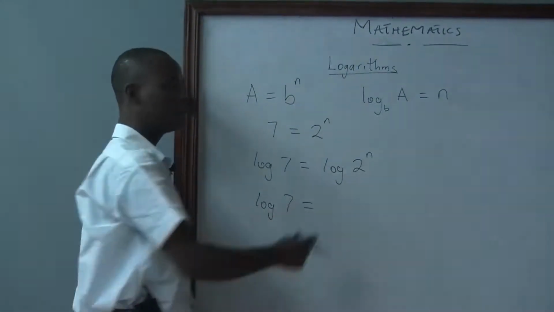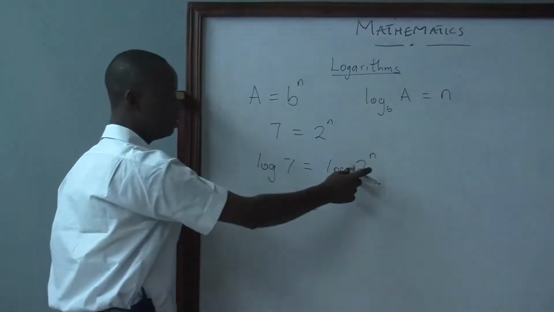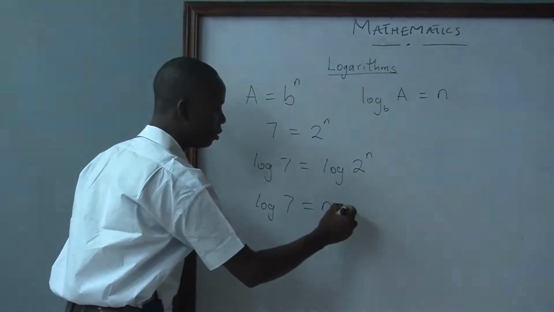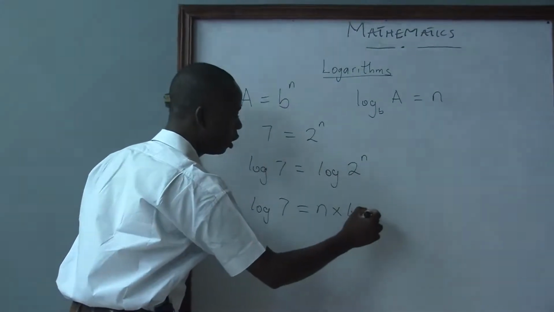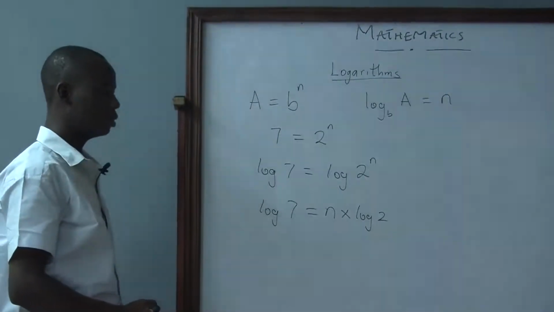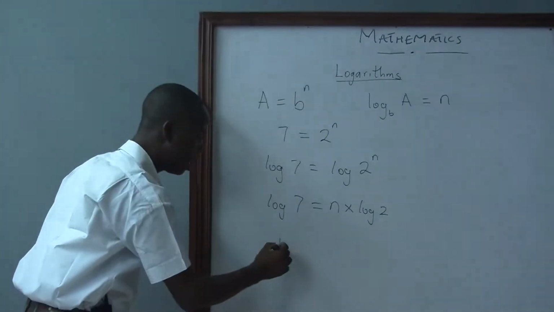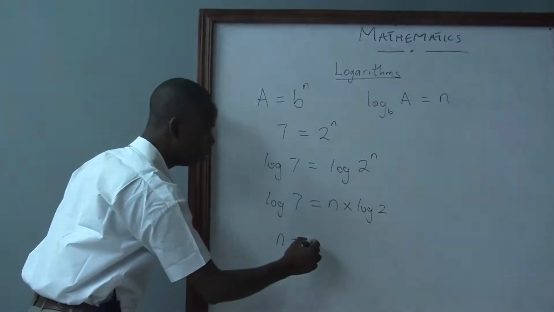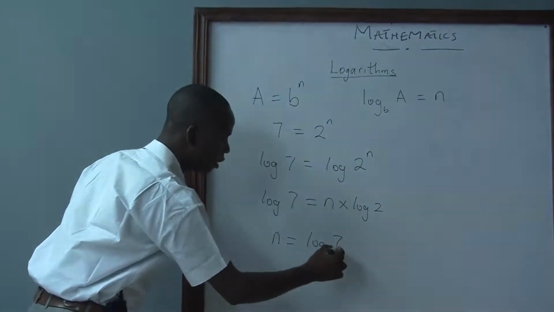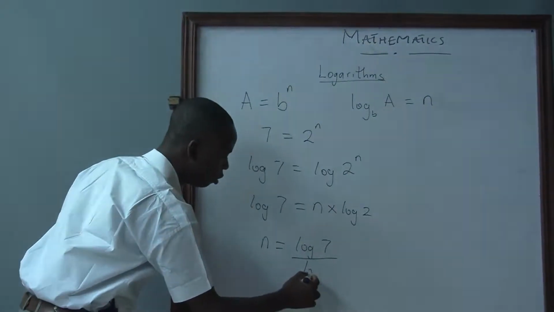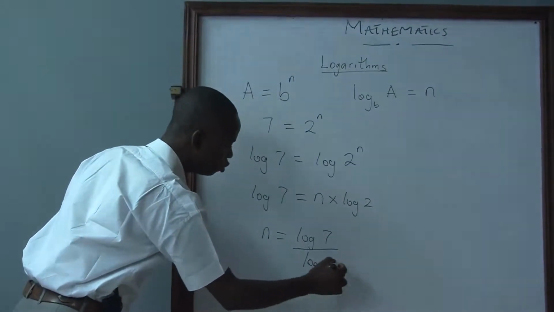From the law of logarithm that we have studied earlier, this will return to n multiplied by log 2. Then making n the subject of the formula, n will equal log 7 all over log 2.